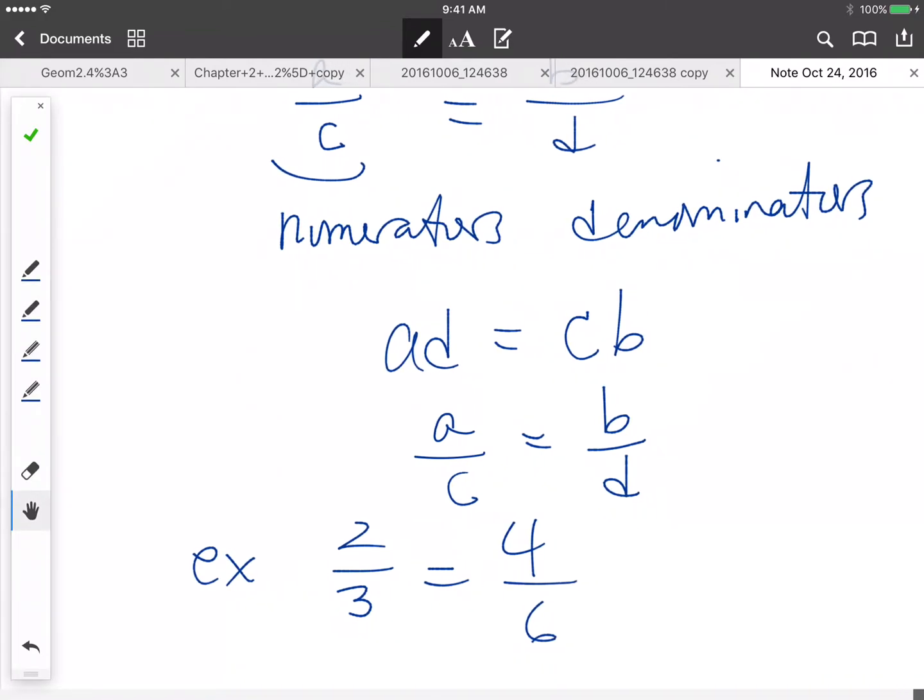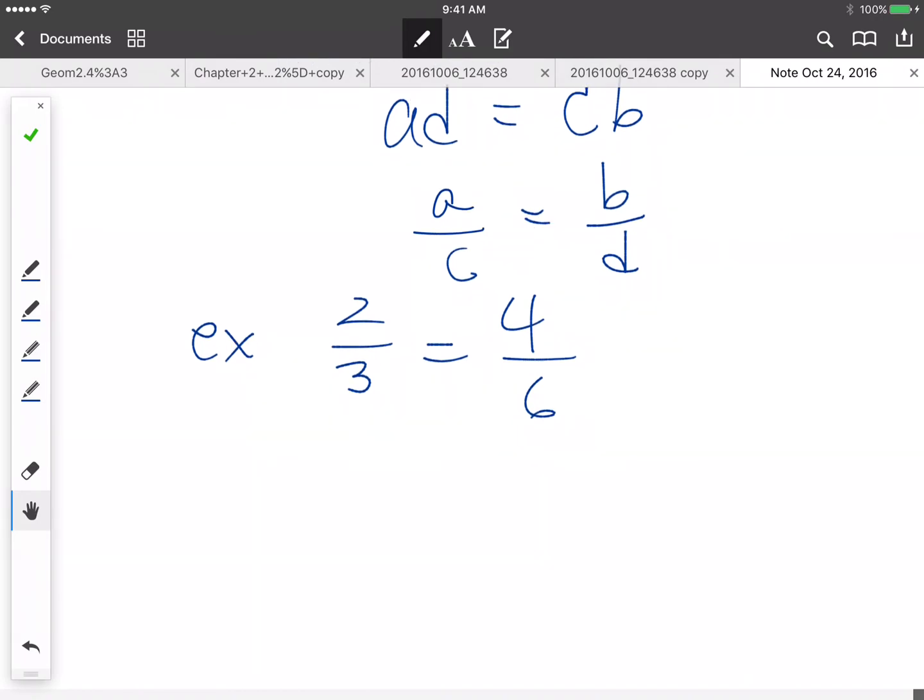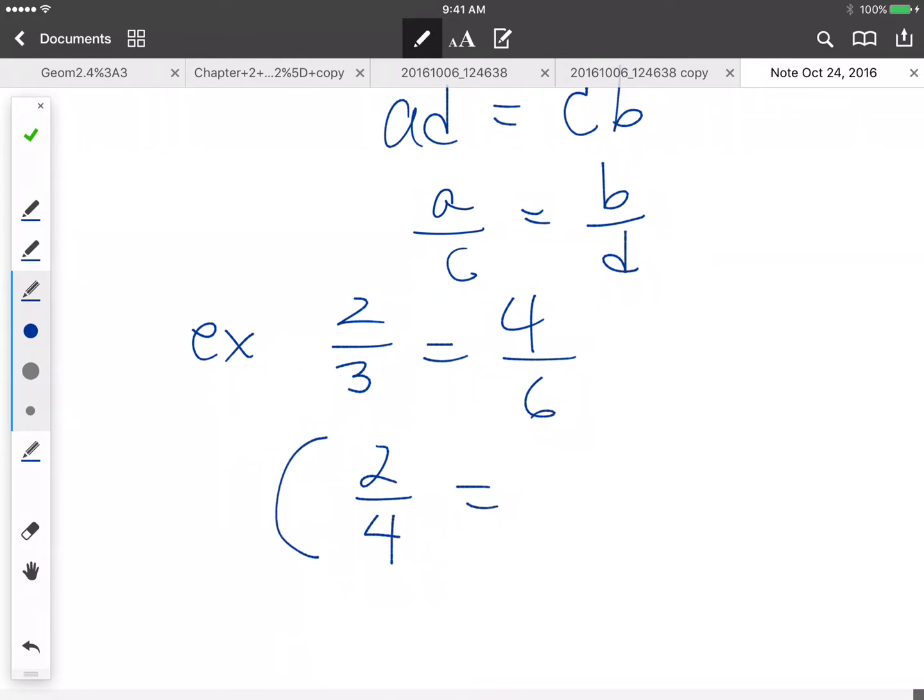This also allows you to look at the fact that 2 relates to 4 the same way that 3 relates to 6. So the numerators relate in the same way that the denominators relate.